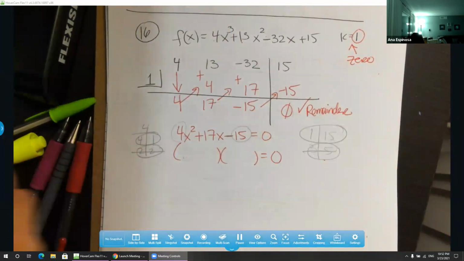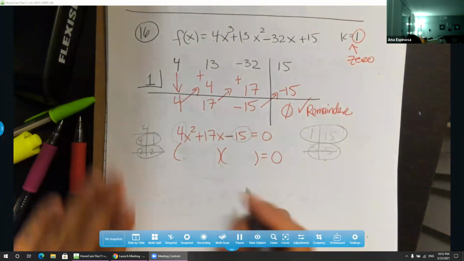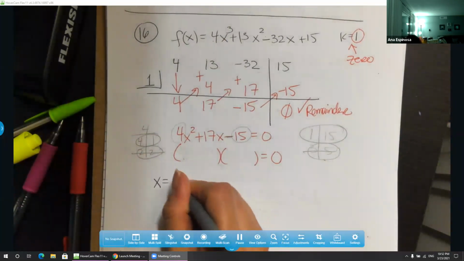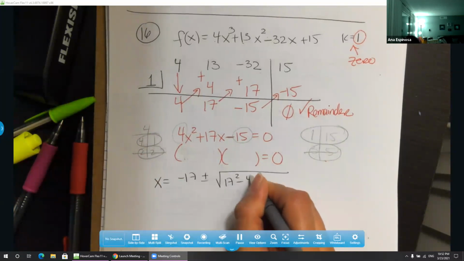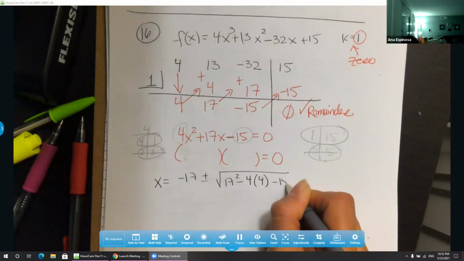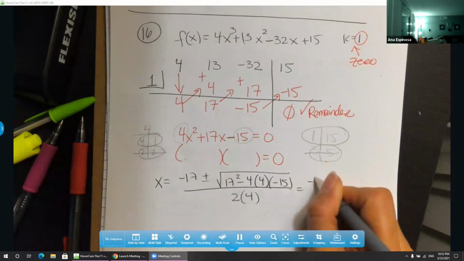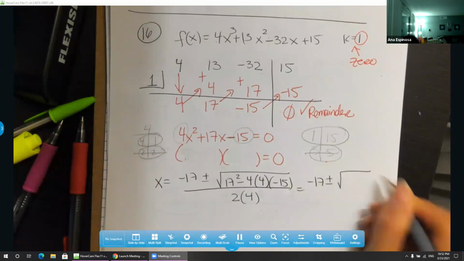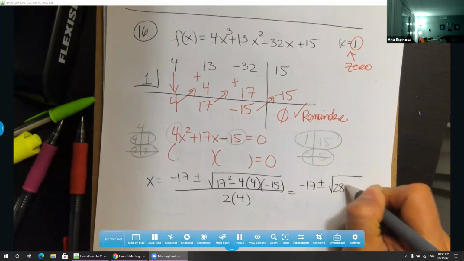So let's just do quadratic formula, see what we end up with. Maybe it is factorable. I don't know. I don't want to be wasting my time. X equals opposite of b plus or minus the square root of b squared minus 4ac, all over 2a. 17 plus or minus, some big numbers. 17 squared is 289.